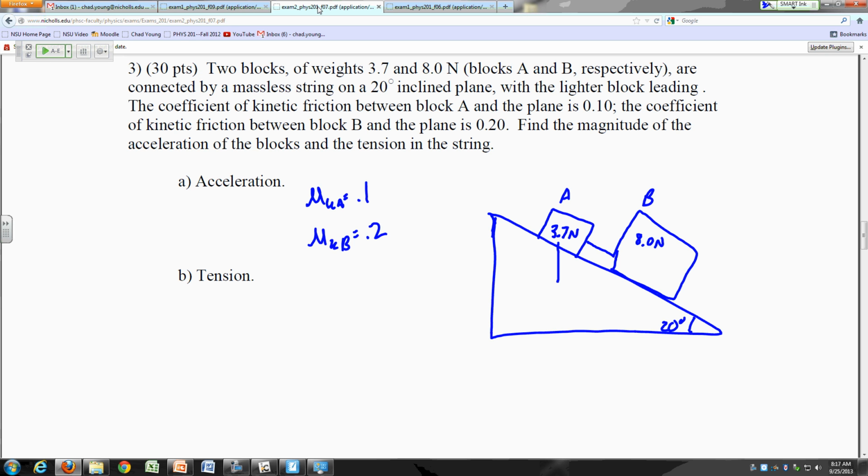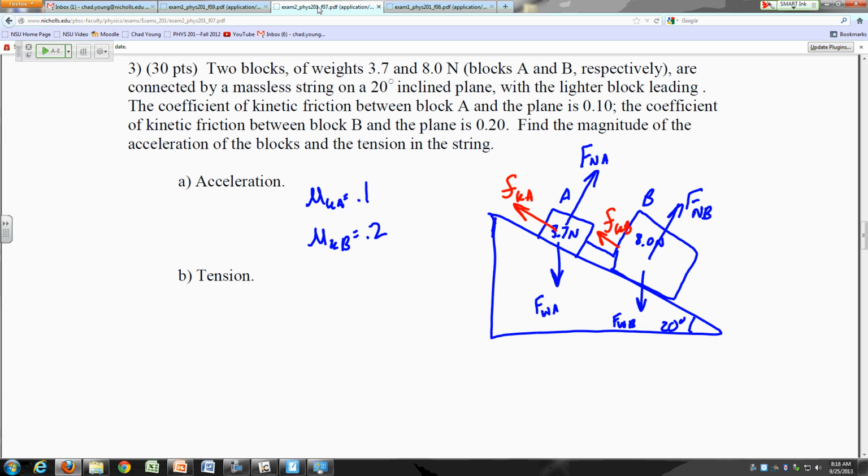For both of them, I have weight, F_WA, F_WB. For both of them, I have a normal force, F_NA, F_NB. And for both of them, I have frictional forces, F_KA and F_KB.